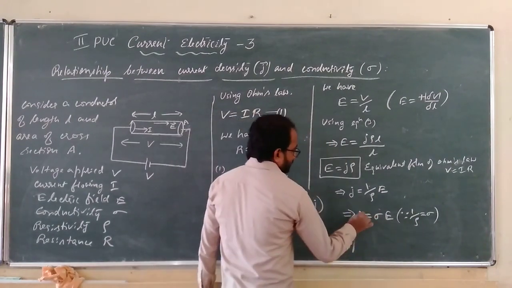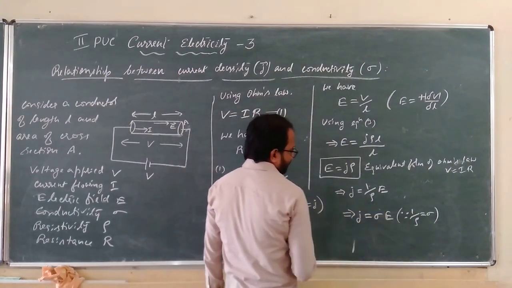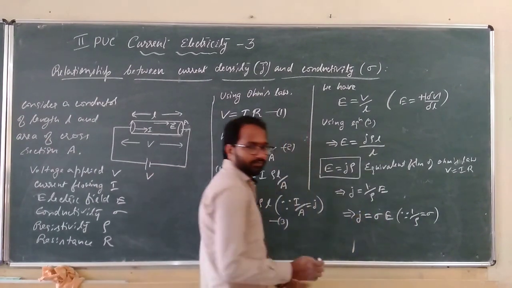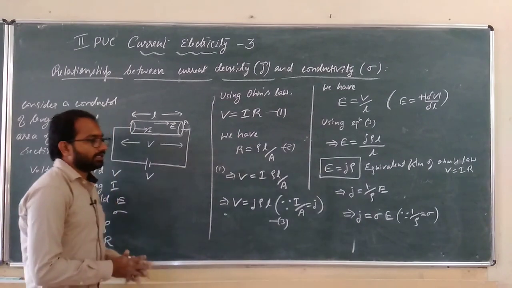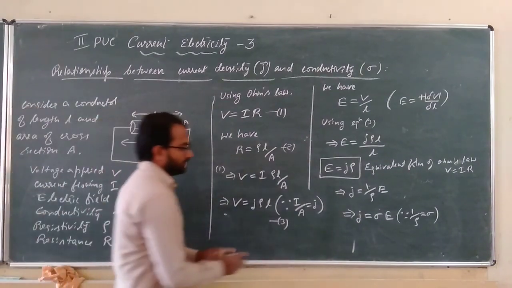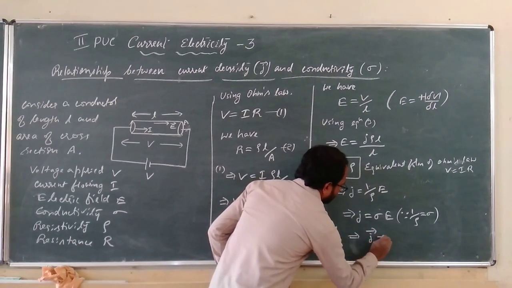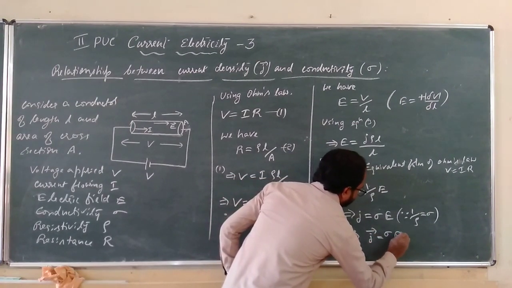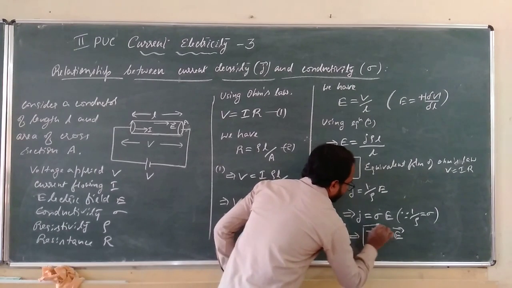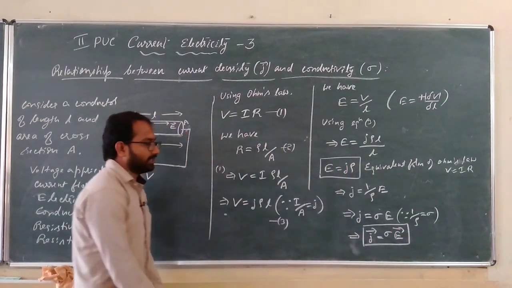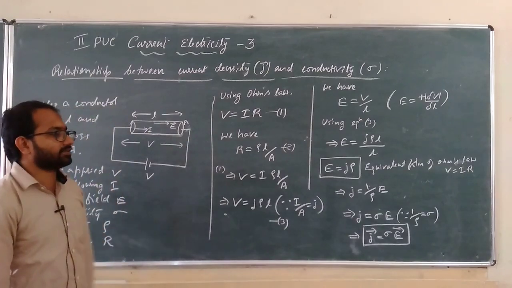Vectorially, how to write? J is equal to sigma E. I told you the direction of current density is along the electric field, right? So therefore vectorially, vector J is equal to sigma vector E, because the direction of J and E are the same. Current density vector J is along the direction of electric field.